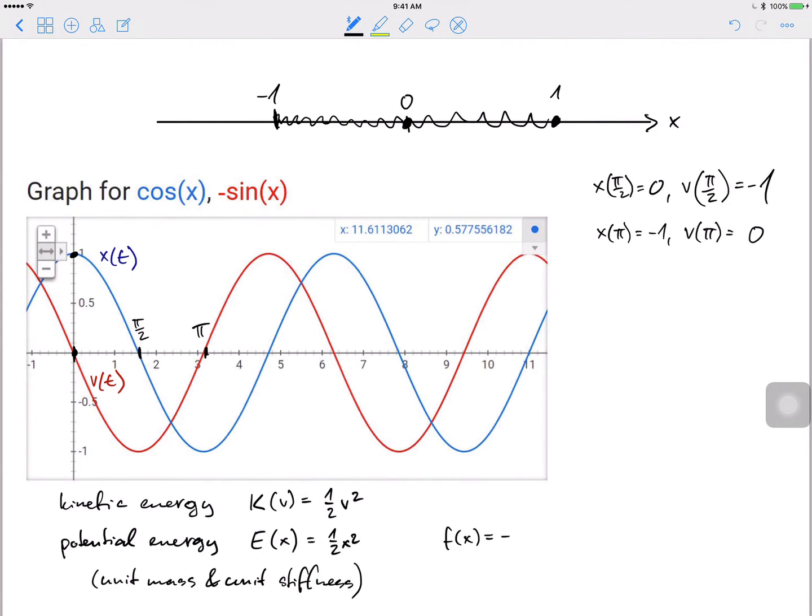The force is minus the derivative of the potential. That's really what the potential is there for. So if I take the minus derivative, I get minus x, which is exactly Hooke's law for the unit stiffness. So that's why this is indeed the potential function. You could say also that the potential function is the antiderivative of the force, if the force is conservative.